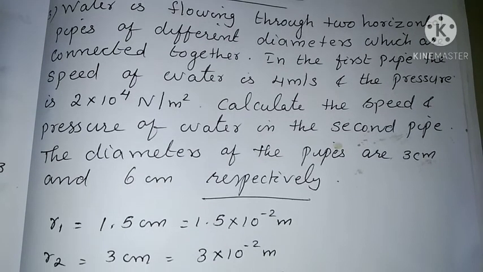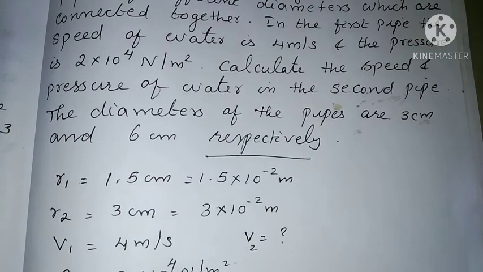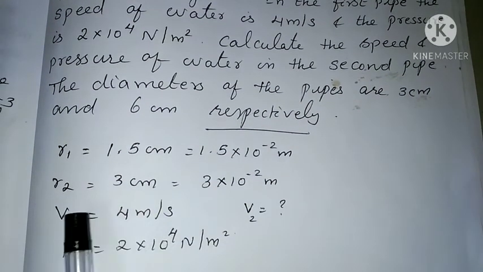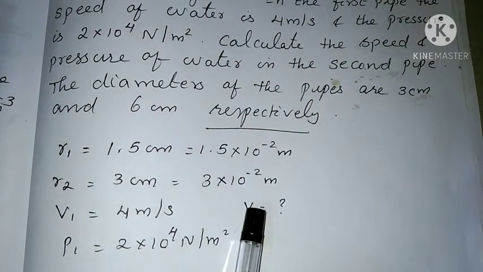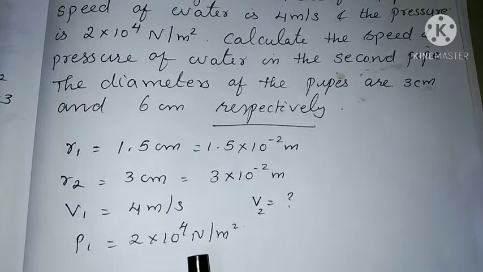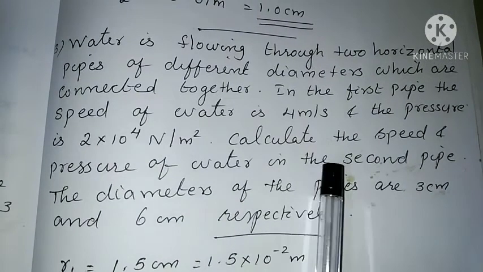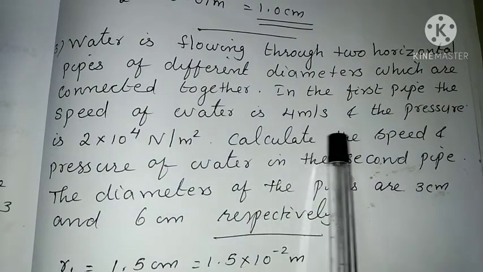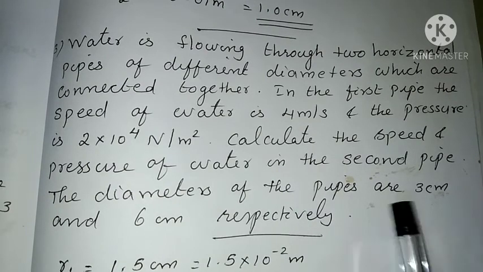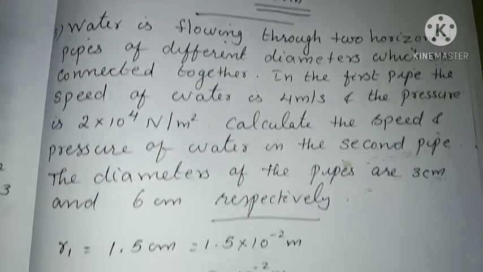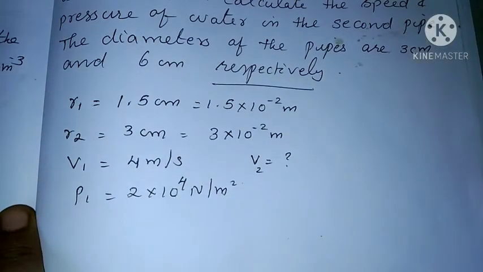So the diameters of the pipes are given, so you want to find out the radius. So R1 equal to 1.5 centimeter, change it into meter, and similarly R2 equal to 3 centimeter, also change it into meter. Then the velocity of the water in the first pipe is given, that is 4 meter per second, and the pressure at the first pipe is also given, that is V1 and P1.